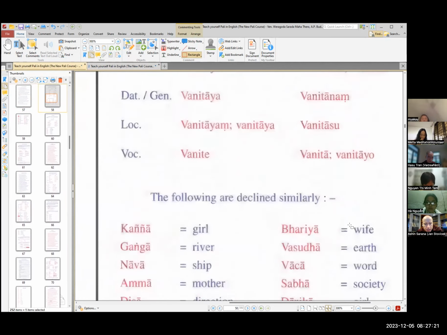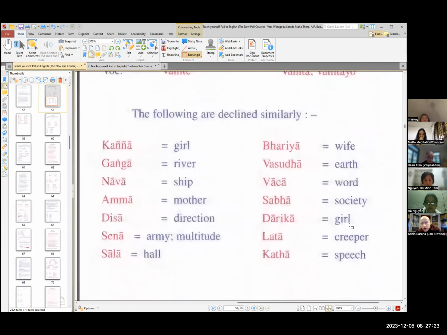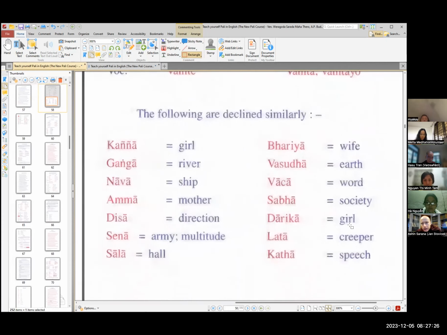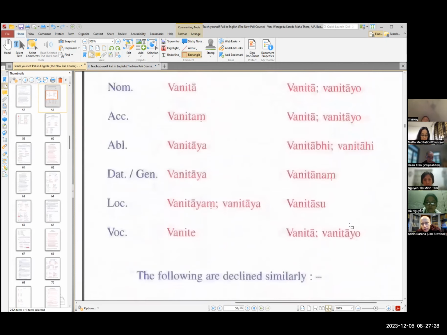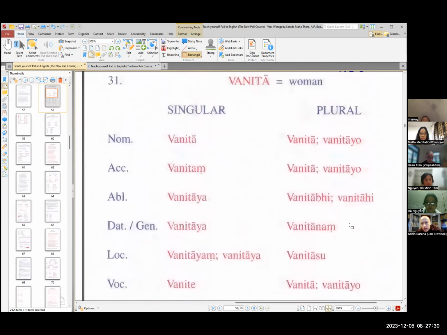So datha, the problem is that the word datha is not in here. It's not in the book. Or I didn't find it. Did you find it, somebody? You have it in the collection, but that's because I edited it. It's datthi, right? But that's totally something else. Datha is the tusk. Datthi is the tusker. It's the elephant. Very different.